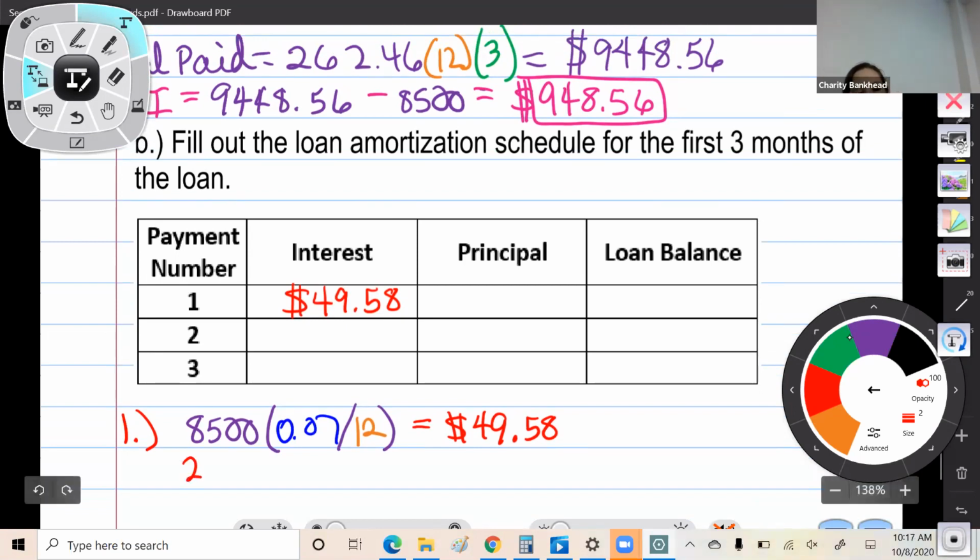So do 262.46 minus 49.58. And that's $212.88.